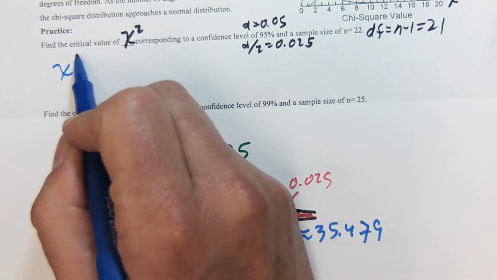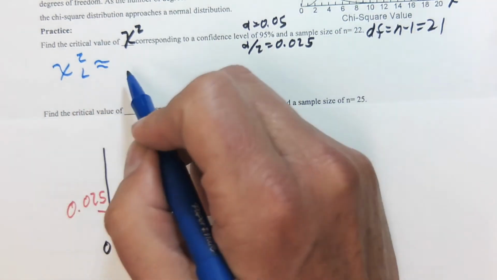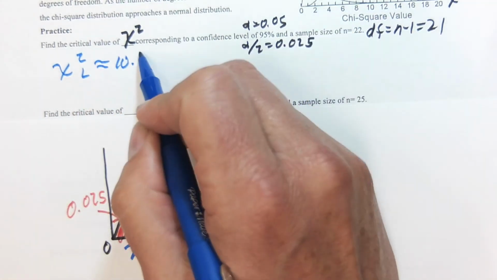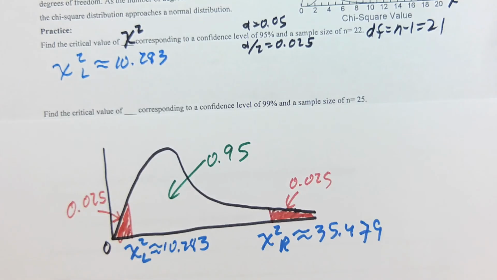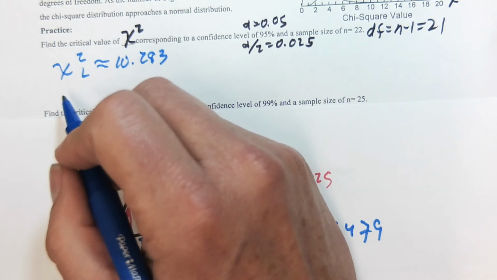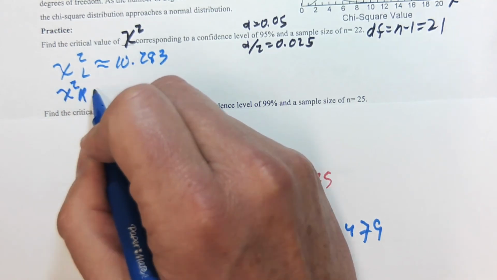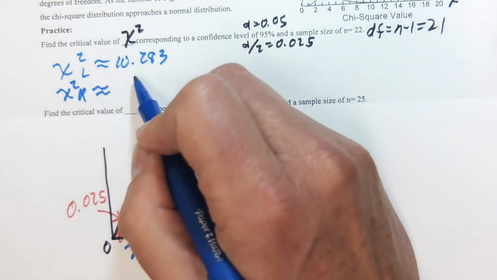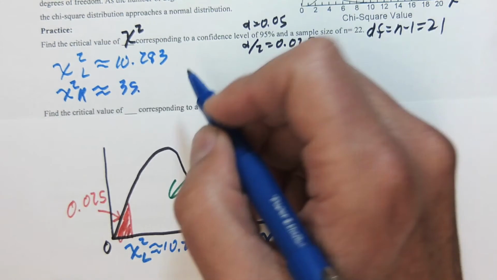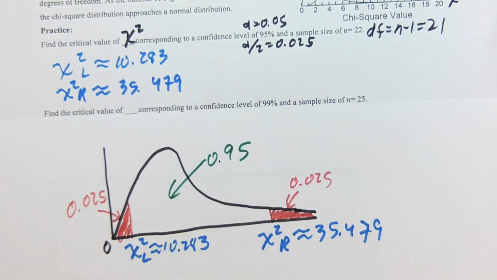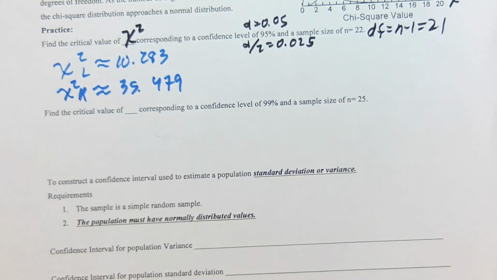So chi-squared left is about 10.283. You can look these up, just type in chi-squared table, and any of these tables will come up and it'll work. And this is 35.479.